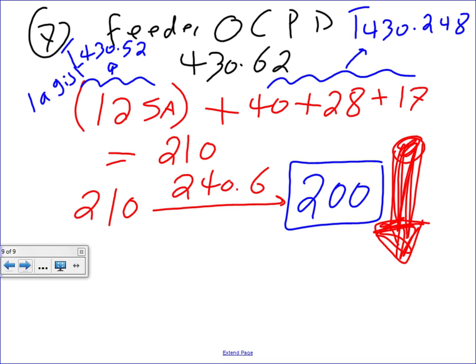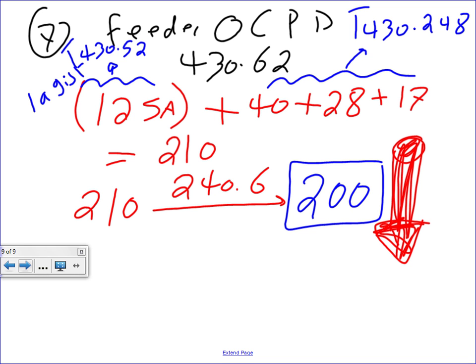430.52, that's when we came up with the multiplier. Then we went to 240.6. When you want to pick the largest from overcurrent devices, we go to Article 240.6.